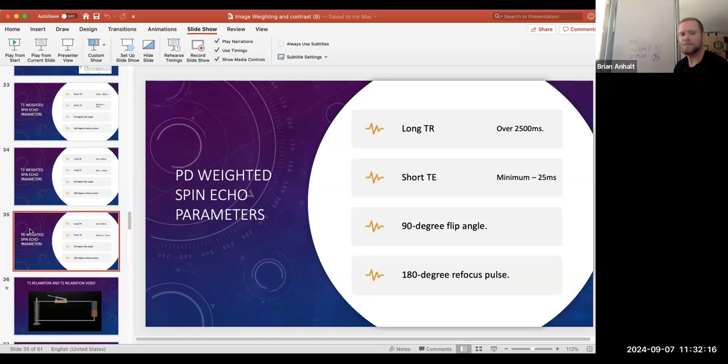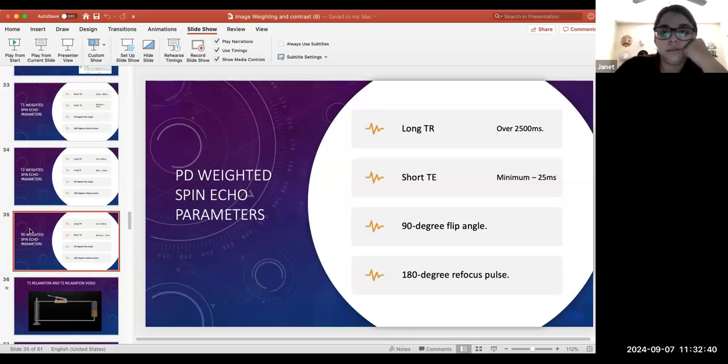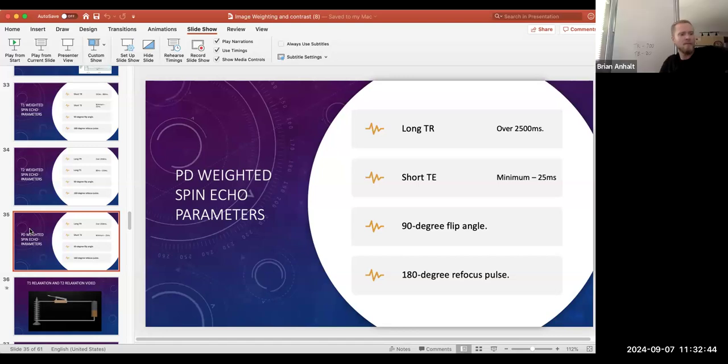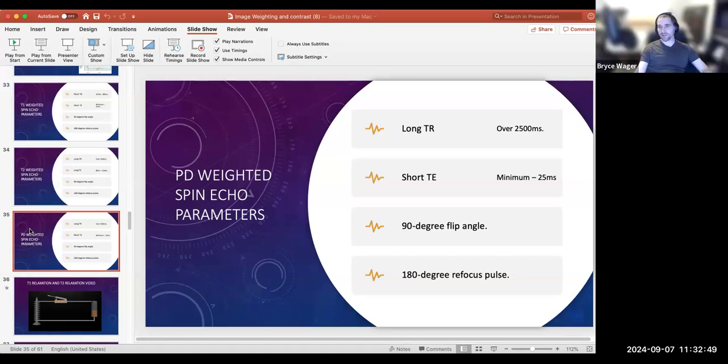What kind of weighting do I have there? T1. Why? You have the short TR and short TE.